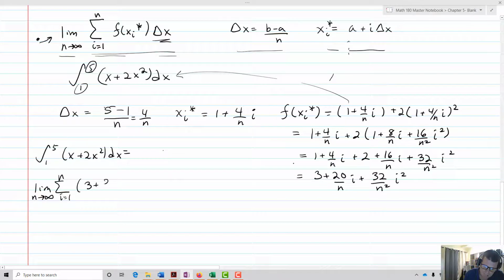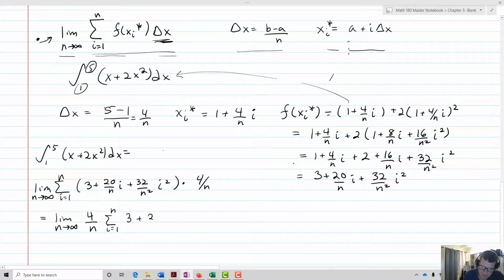So this will end up being 3 plus 20 over n i plus 32 over n squared i squared times 4 over n, because that's the value for delta x. Then what I'm going to do now is I'm going to let this equal the limit as n approaches infinity. I'll pull out my 4 over n because I can do that with summations. And then this will be times the sum i equals 1 up to n of 3 plus 20 over n i plus 32 over n squared i squared.